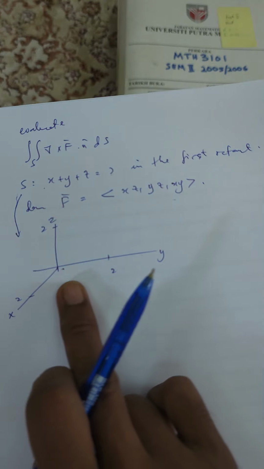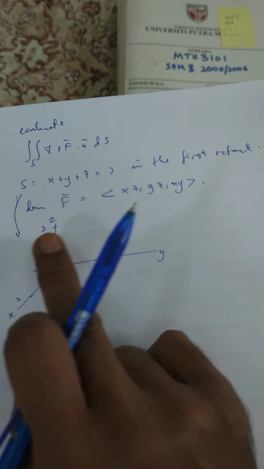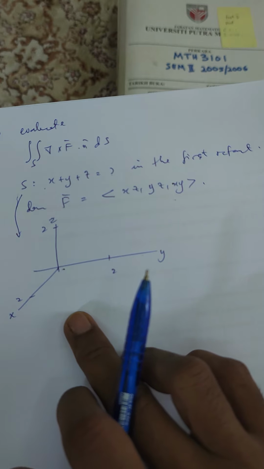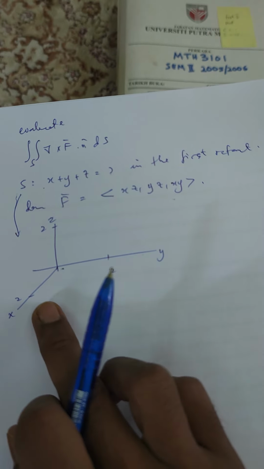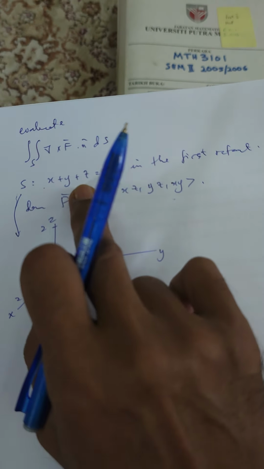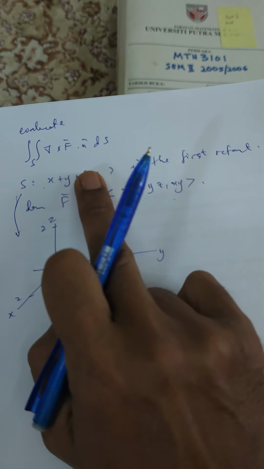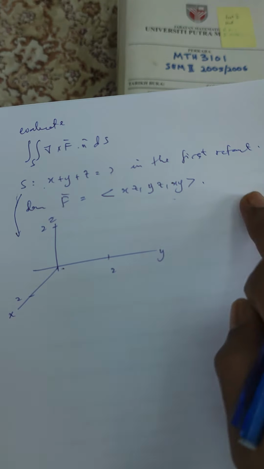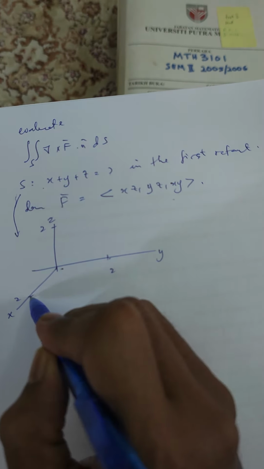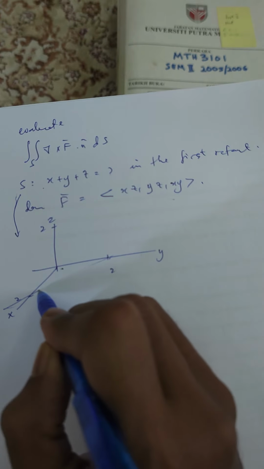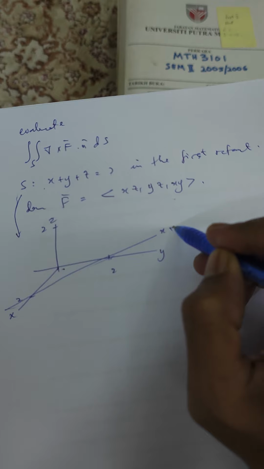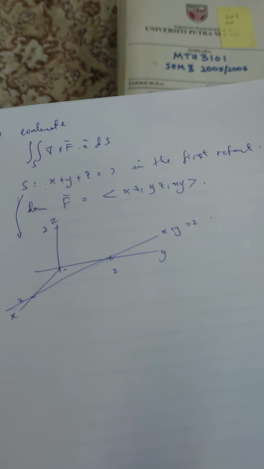Then we consider each plane to see what the surface looks like. On the xy plane, z equals 0, so we have a straight line x plus y equal to 2.